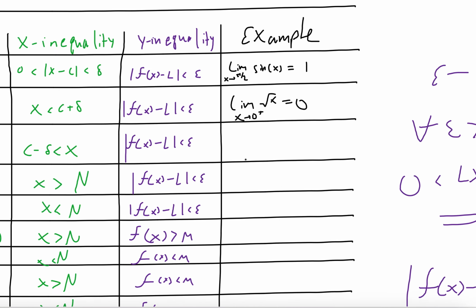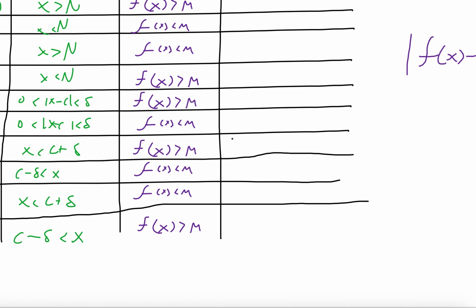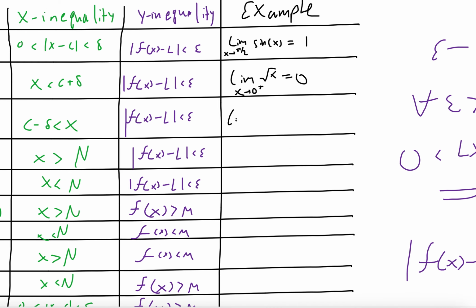Okay, so let's take the example of the limit as x approaches 2 from the right of the negative square root of x minus 2. Okay, what does that mean? Or actually, you know what? Let's do a bit simpler example. Let's say the limit as x goes to, let's see, what can we think of?